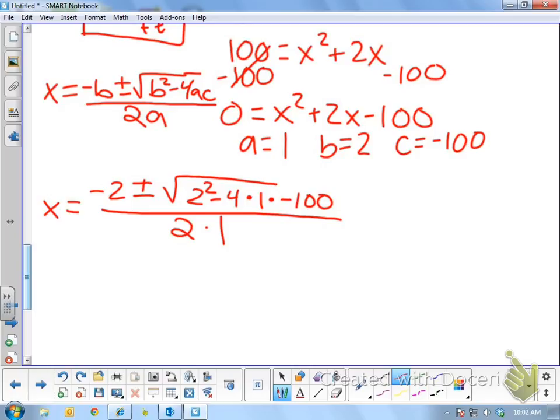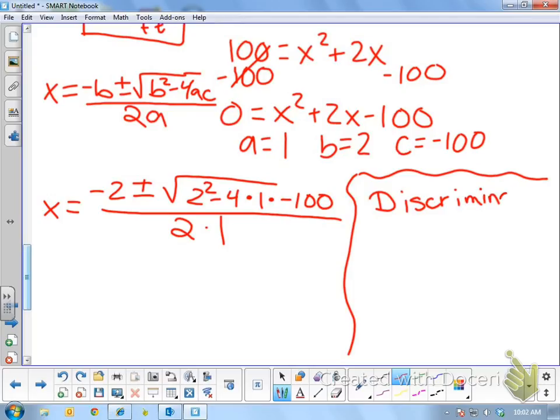So now we need to simplify this. We're going to do some side work here so that we can also talk about the discriminant. I have 1 or 2 questions where I don't even ask you to solve. I just ask you to tell me what type of solutions there will be. Remember, there are 3 possibilities: 2 real, 1 real, and 2 imaginary.